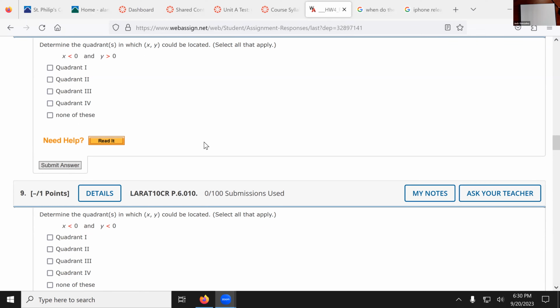Determine the quadrant. If your x is negative, but your y is positive, right? That's what this means. Where are we?